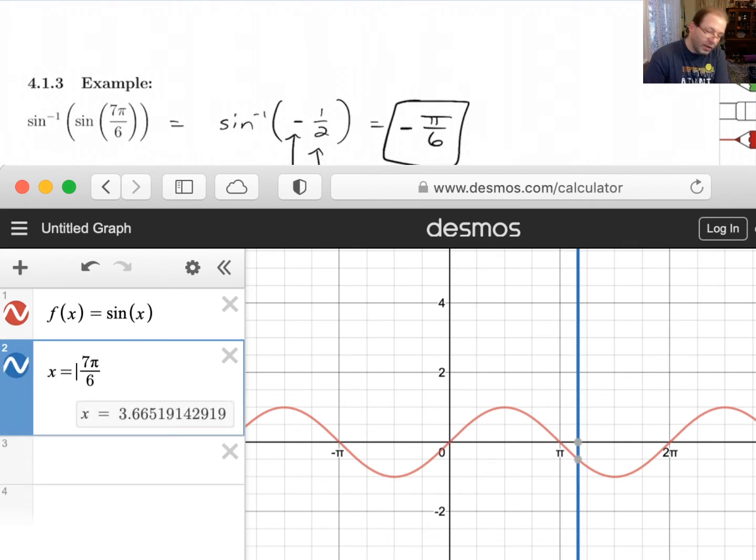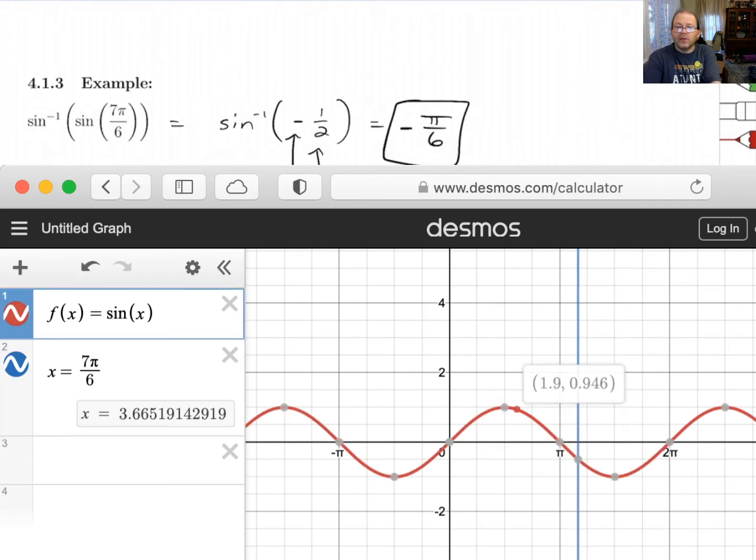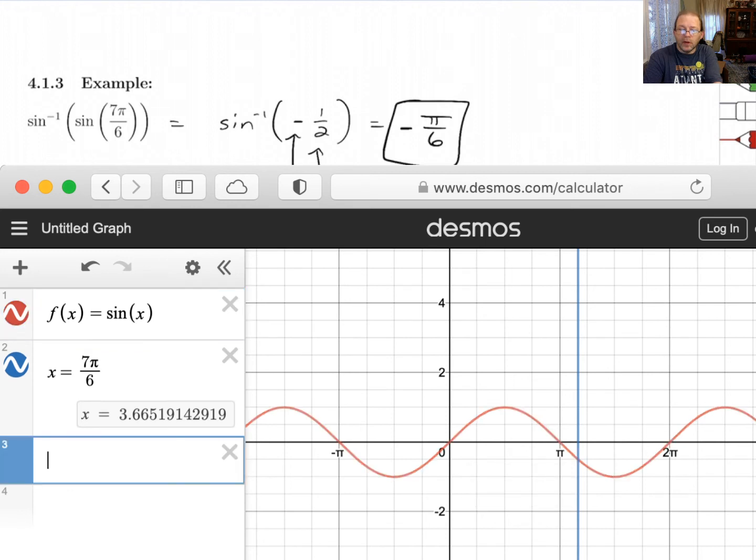So looking at that, what I'm trying to do now is go back on this graph and find a place between minus pi over 2 and pi over 2 that has the same y-coordinate as this. Now I know that that y-coordinate is minus a half.